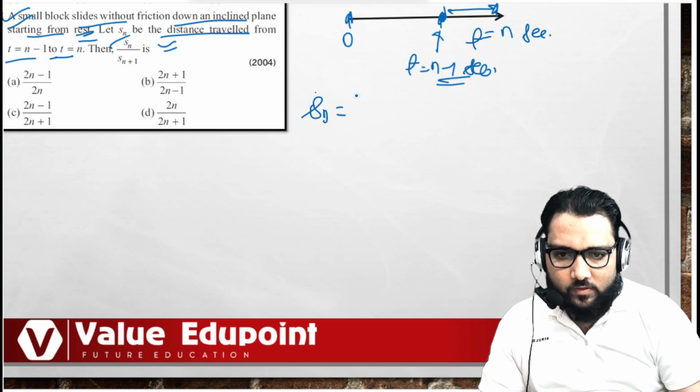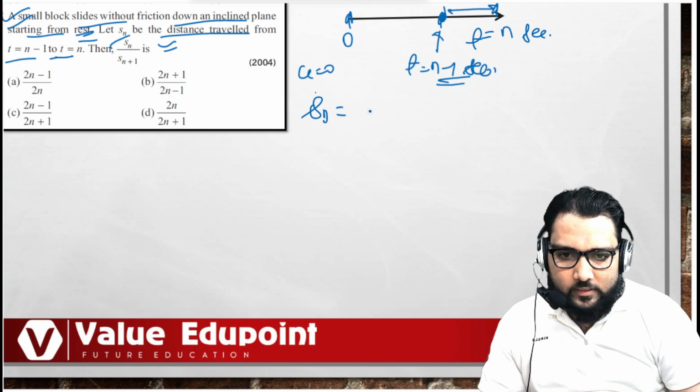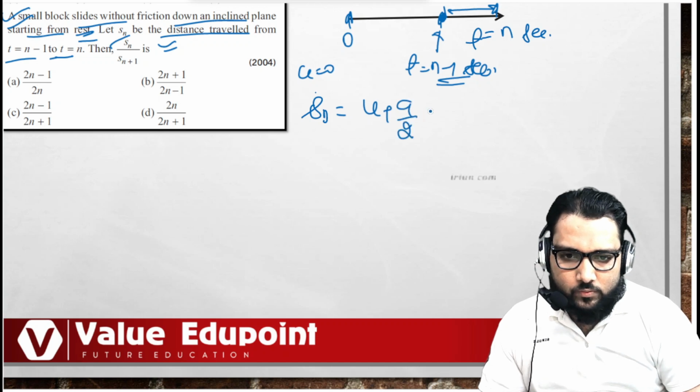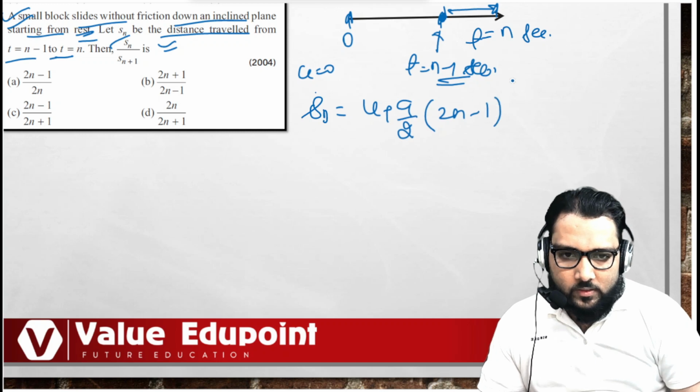We can directly use this formula, and the block starts from rest, so the initial velocity will be 0. The formula for the nth distance is u plus a by 2 times (2n minus 1).